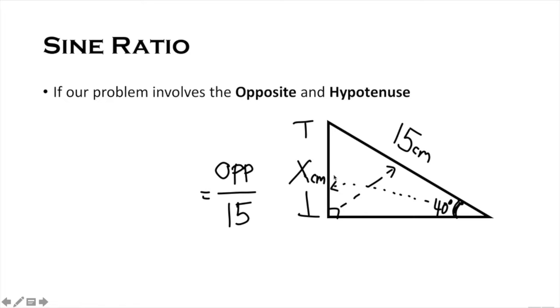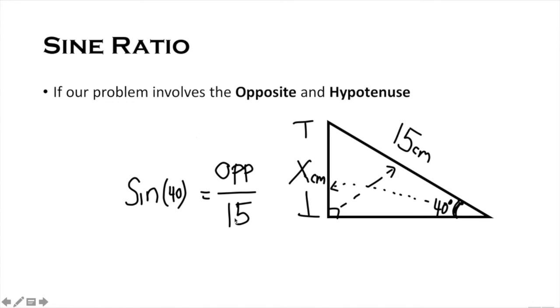So anytime that we have these two figures in the ratio here, we're going to be able to set that equal to the sine of whatever our reference angle is. So when we put 40 into the calculator and calculate the sine of it, we get a ratio, and it's going to be in decimal form.